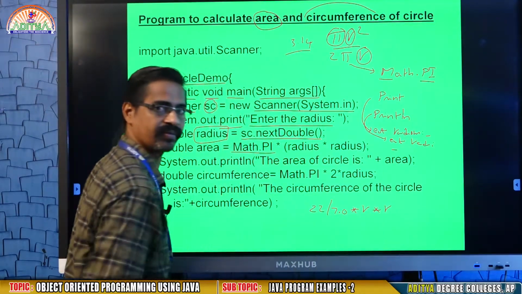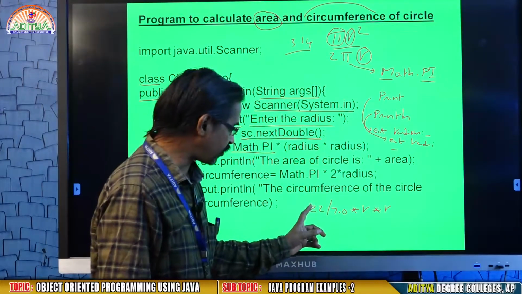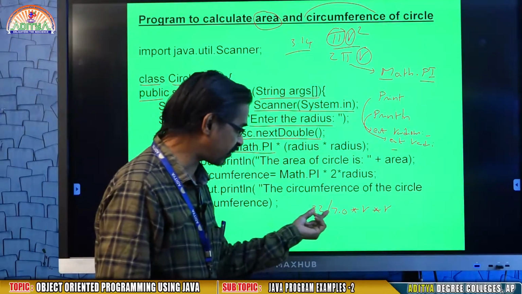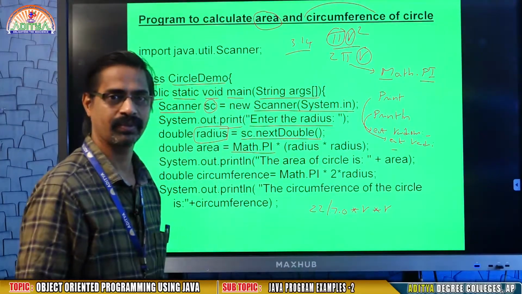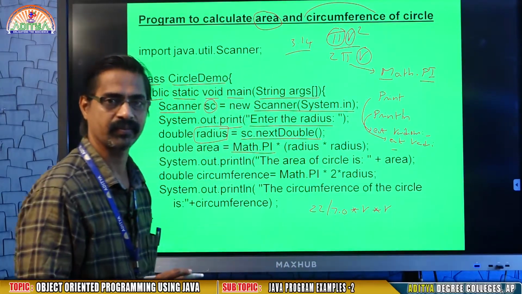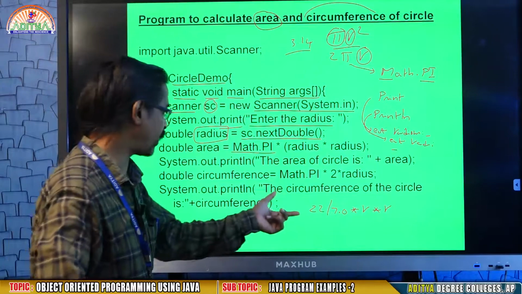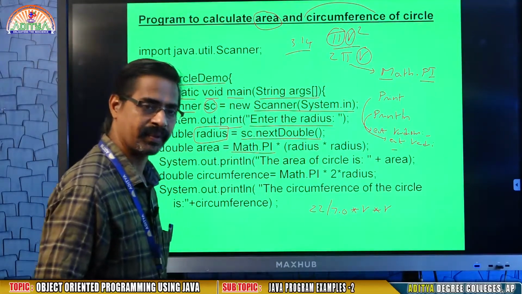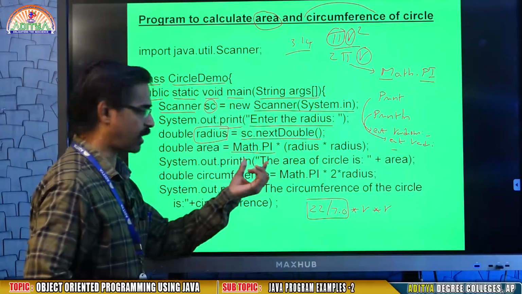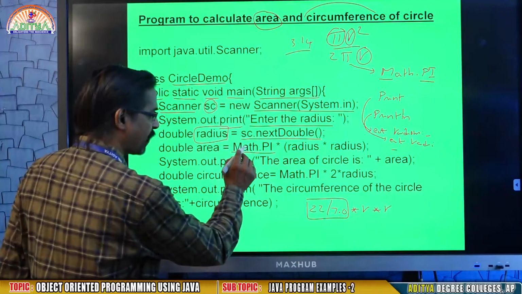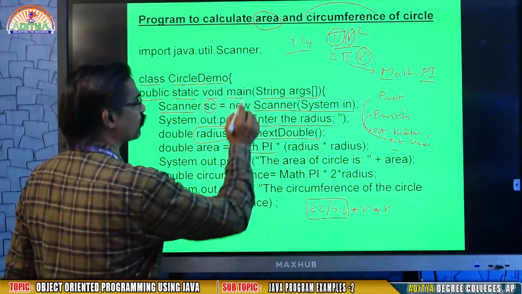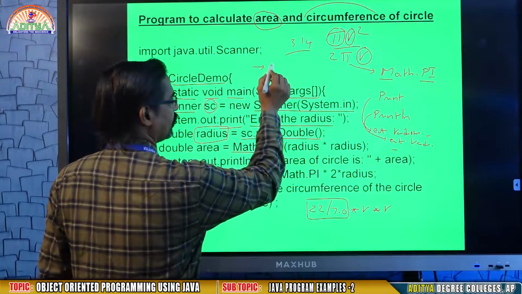Why instead of writing 22 by 7, did I give 22 by 7.0? Because 7.0 is double, so the answer will be double. Double into double is double, so finally you get the area. Or instead of writing 22 by 7.0, you may write the predefined constant Math.PI. This Math class belongs to the java.lang package.